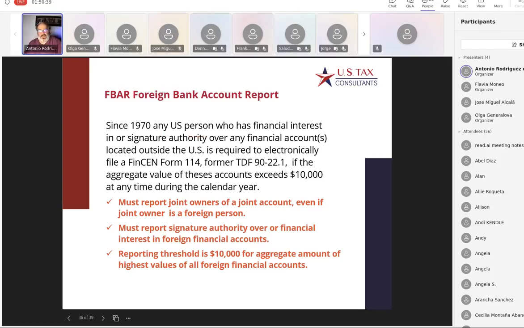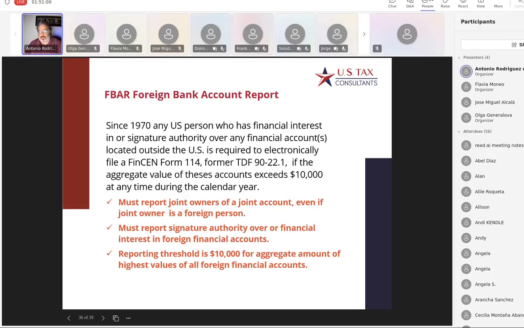It was a law signed by Nixon, and basically you have to declare your bank accounts, not only your financial accounts, but also the ones that you share with somebody else, and also those for which you have signature authority.